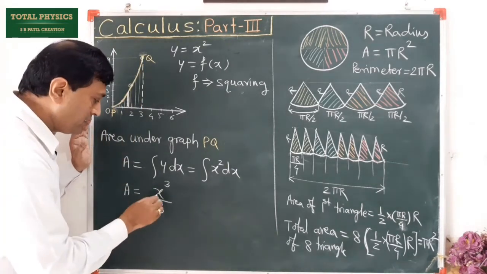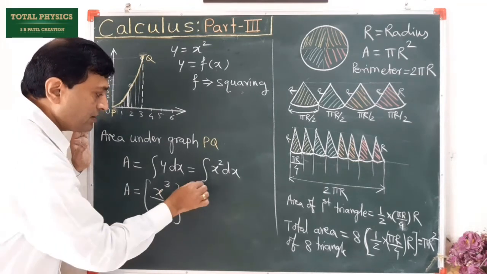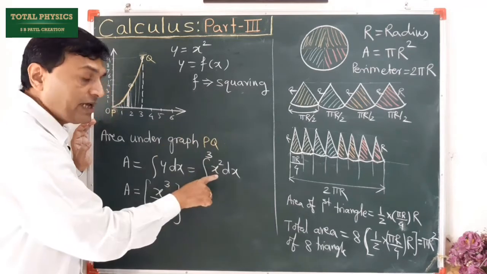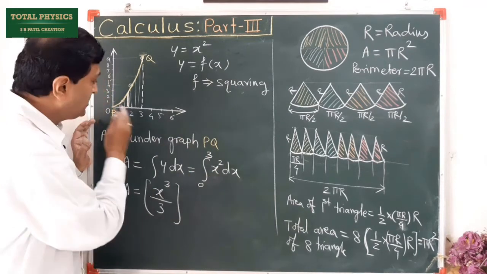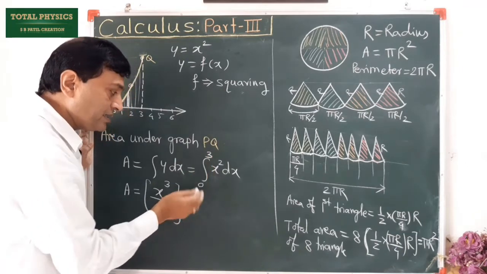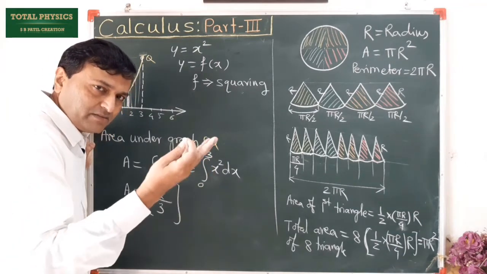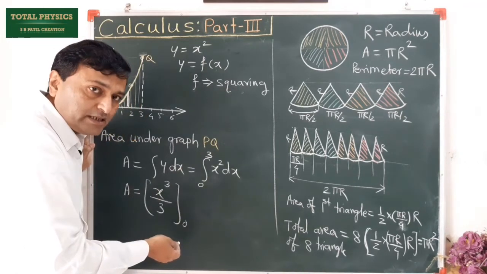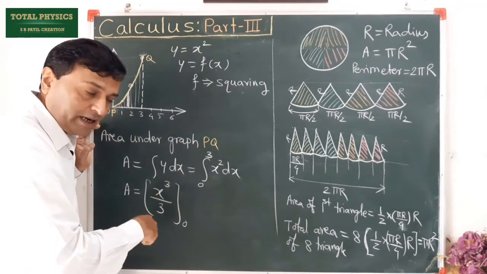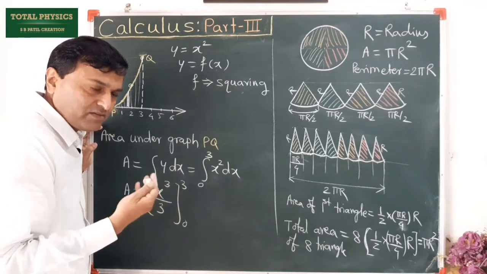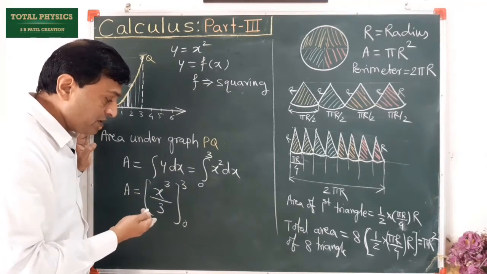Then you can write the limit 0 to 3 for x. This 0 to 3 limit is written outside of this rectangular bracket, this is tradition. This is the method. Don't get botheration about this method.